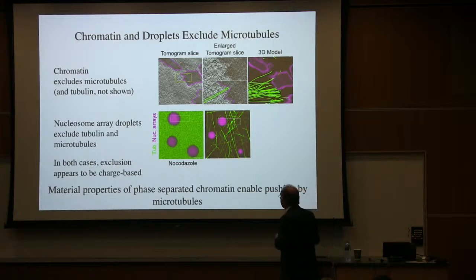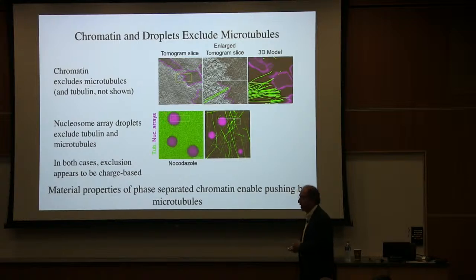In vitro, one can do experiments where you can label tubulin with a color, and what you see is that tubulin gets excluded from the droplets formed by nucleosome arrays. And if one does this in a way that allows the microtubules to form, they basically form in a manner that is excluded from the droplets.